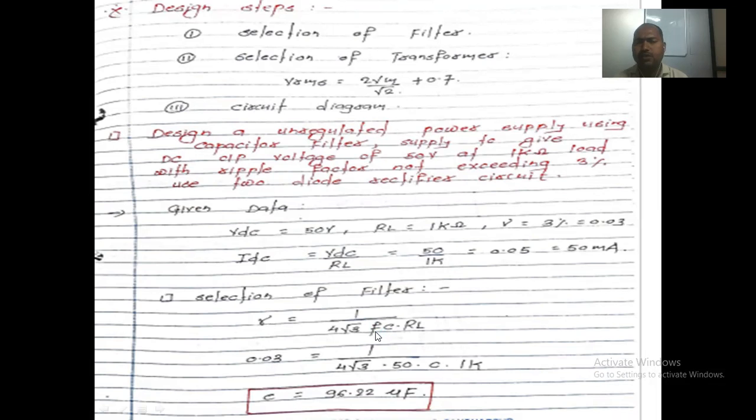The Indian power frequency is 50, so we write 50. They don't give any capacitor value, so we write C as it is. The R_L value is 1 kilo ohm, so we write 1k.